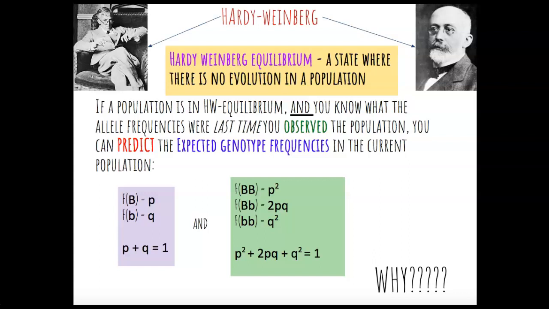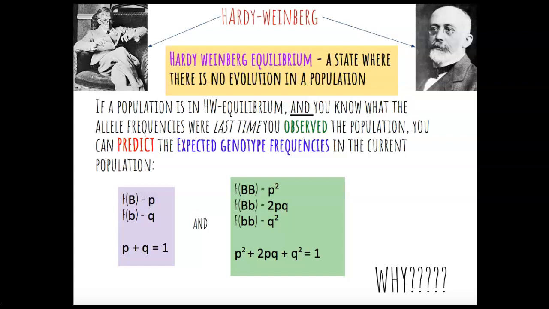The second set of equations are that if you add up the frequency of the homozygous dominant genotype, which we call P squared, so think P was the dominant allele, and so we have big B, big B, so it's 2 P's, so it's P squared. We have heterozygous, which is 2PQ, and homozygous recessive, which is Q squared.